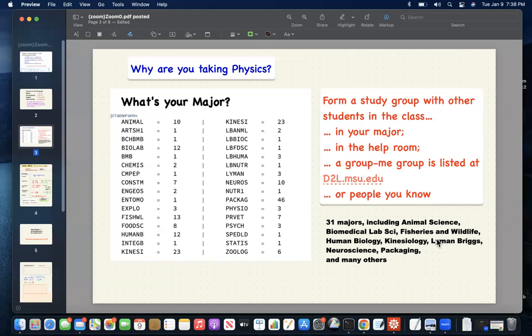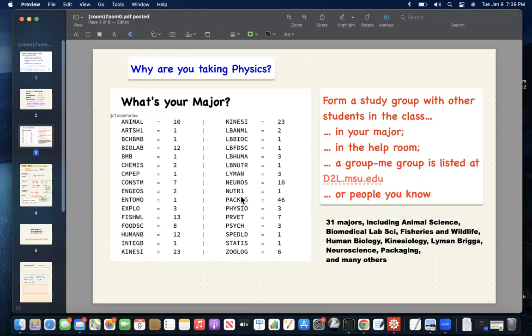Kinesiology, Lyman-Briggs. There are actually quite a few students in Lyman-Briggs with various different majors in Lyman-Briggs. Here's Lyman-Briggs animal science, biology, human anatomy, nutrition. Well, anyway, those are all science topics, and they all require a year of physics. Neuroscience, packaging. But packaging is a kind of science. Packaging is applied science.